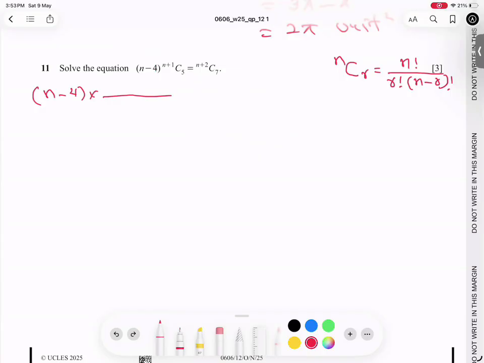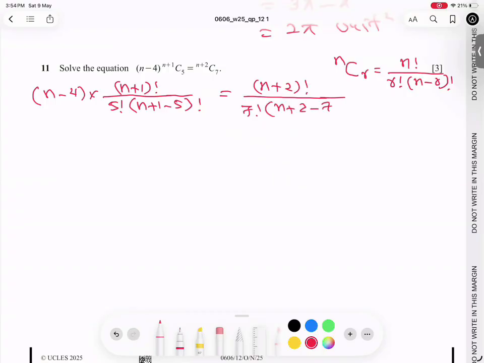I'm writing here n plus 1 factorial over 5 factorial and the factorial of the difference of both values. And the same story for n plus 2 factorial over 7 factorial, times n plus 2 minus 7 whole factorial.